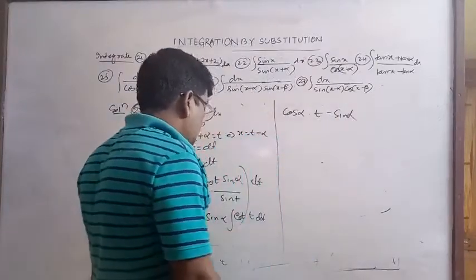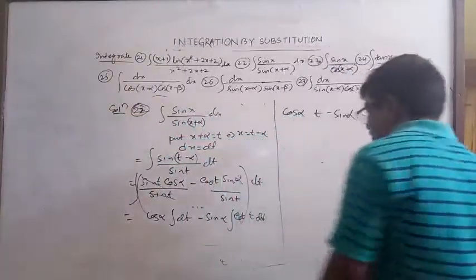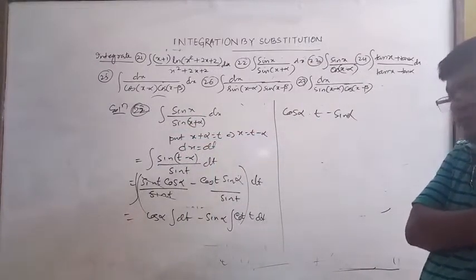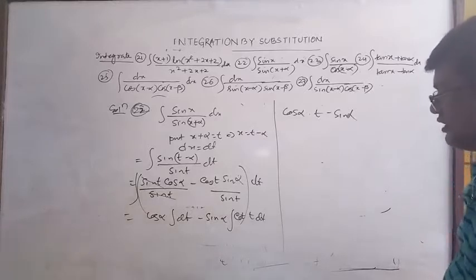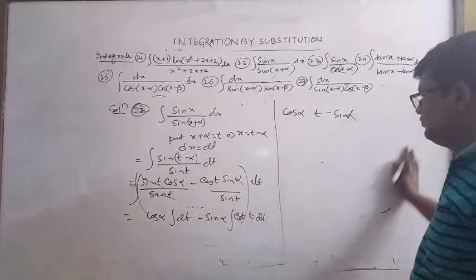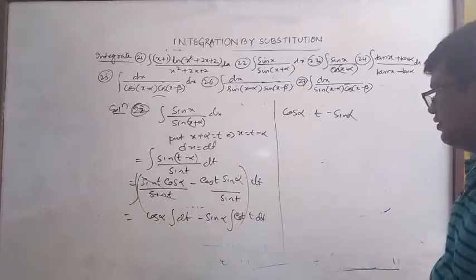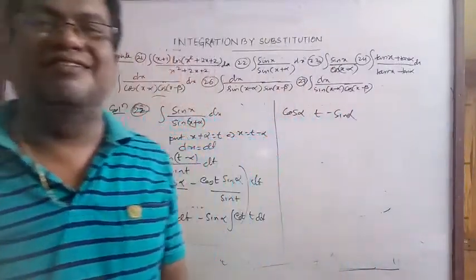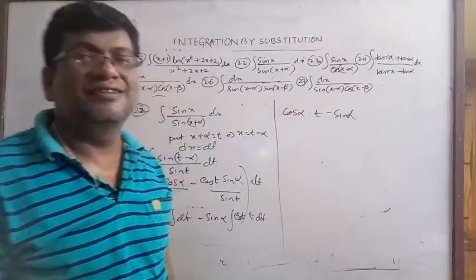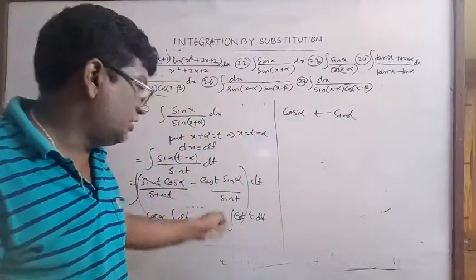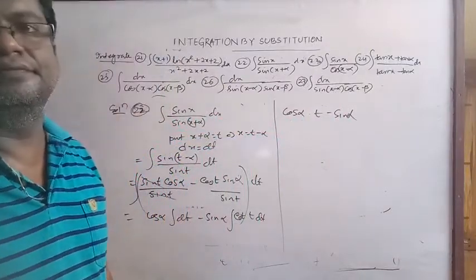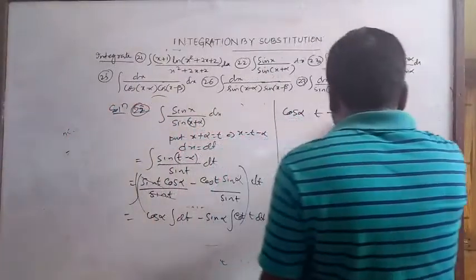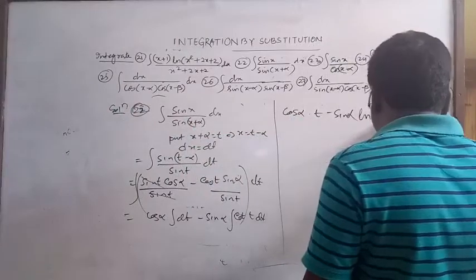So this is equal to cos alpha integration of dt, that is t, minus sin alpha times integration of cot t. What is the integration of cot t? Integration of cot t is log sin t plus c.